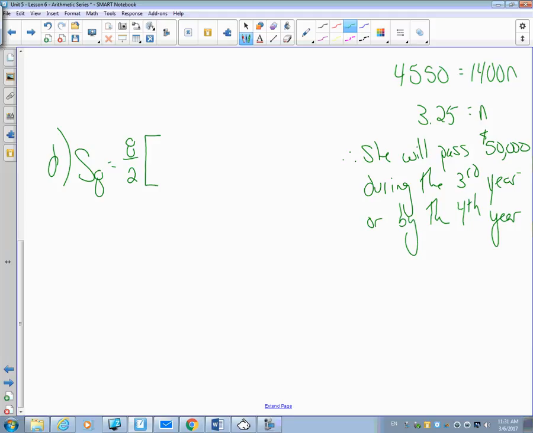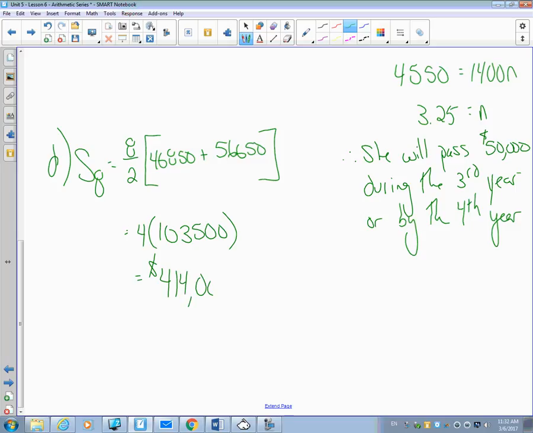U1 is 46,850, U8 was 56,650. Into my calculator that goes, 4 times 103,500, and she's going to earn a total of 414,000 over the 8 years based on salary.